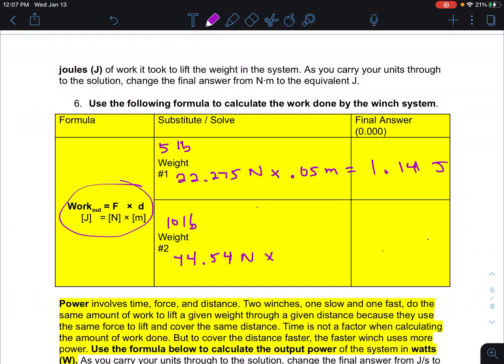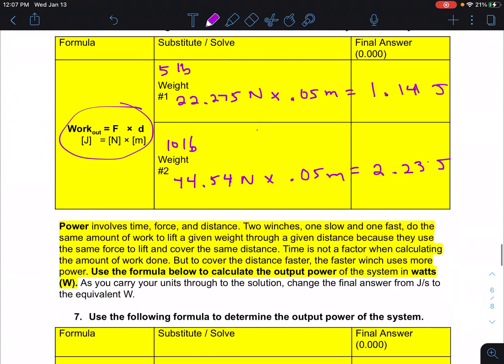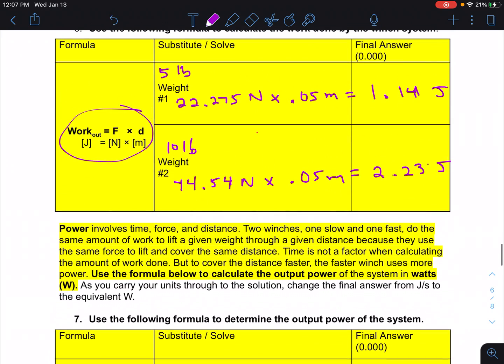And again, you guys will use this distance for every one of the calculations that you do. 0.05 meters. 44.54 times 0.05 meters gives us 2.23 newtons times meters, which gives us another unit we call joules. Okay, and that is work, the unit of work. So 2.23, let's go ahead and put that number right into our data table.